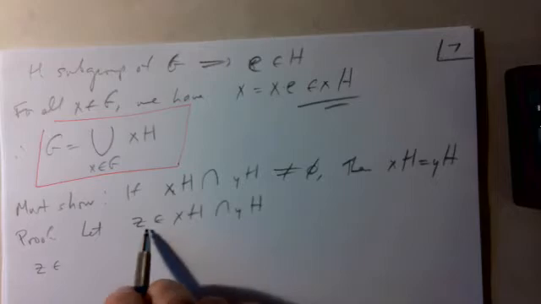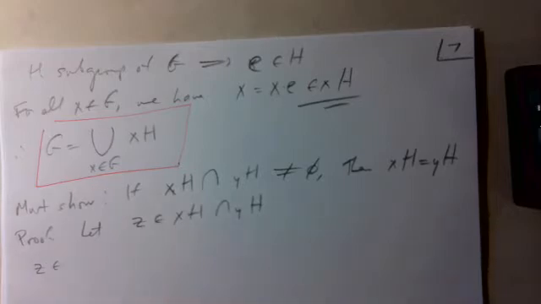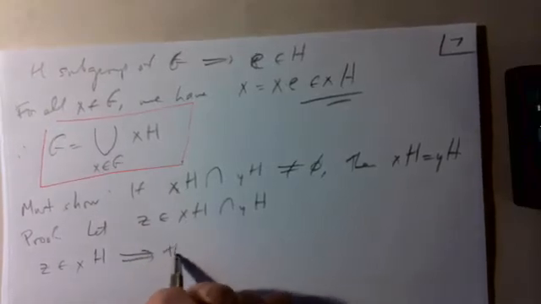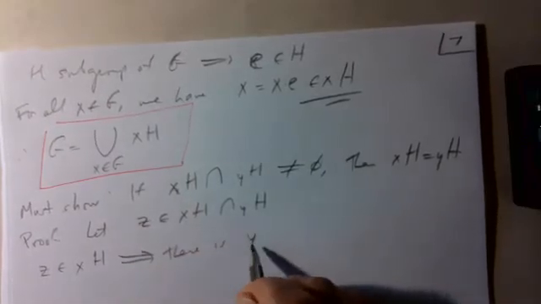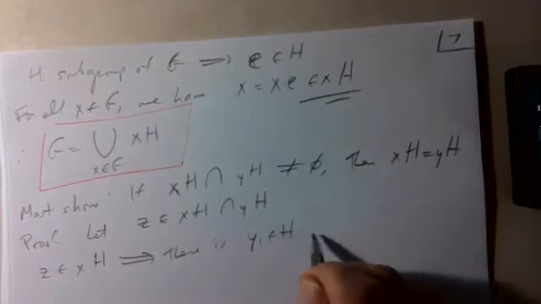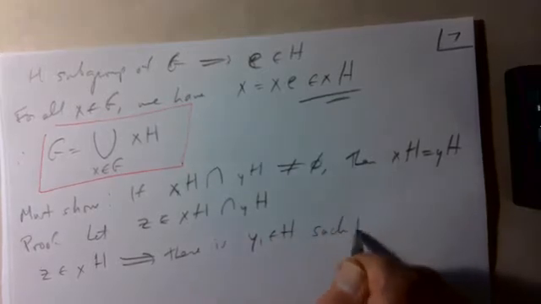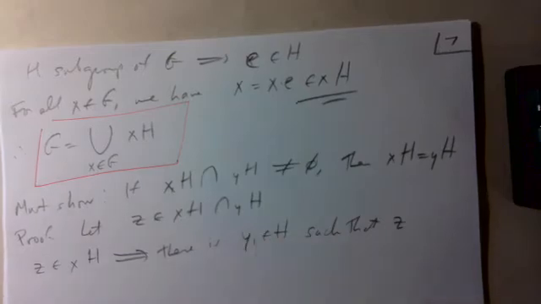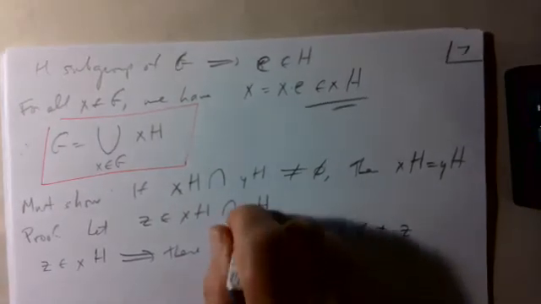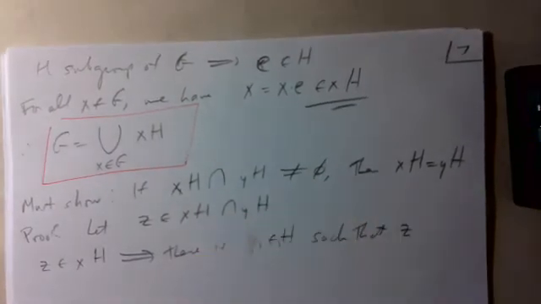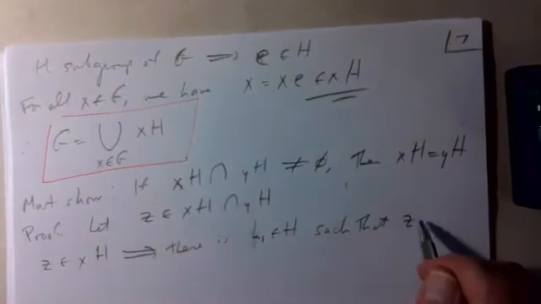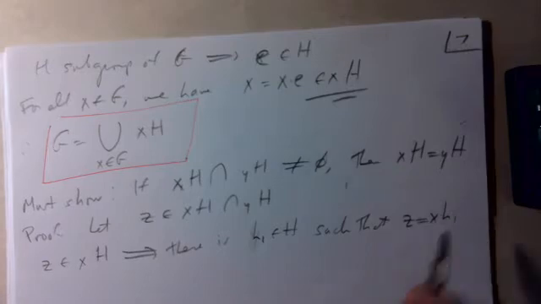If Z is in the intersection of two sets, that means it's in both of them. So if Z is in XH, this means there is an element H1 in H, such that Z equals XH1.